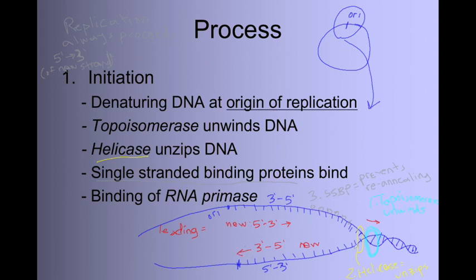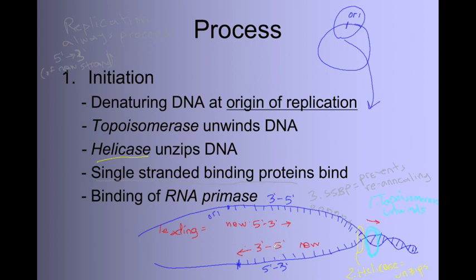The problem here is that this is the direction of replication. These are continuously opening up these molecules, right? And although we know that on this side over here there is another replication fork, what's happening to these nucleotides here that are continuously being opened?